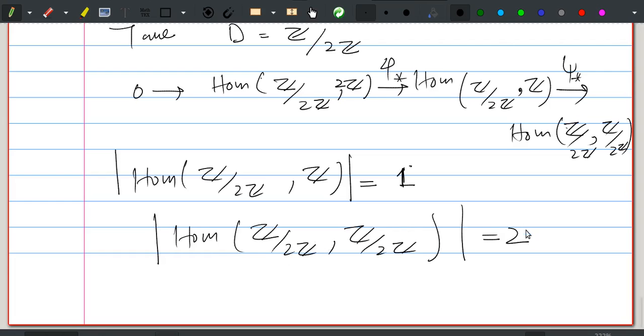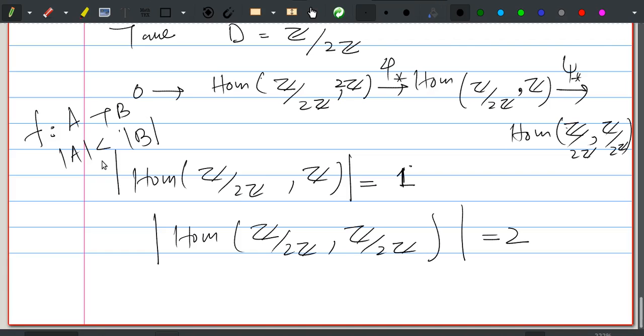So its size is 2. We cannot have a surjective map F from a set A to a set B if the size of A is less than the size of B. So we cannot have a surjection in that case.